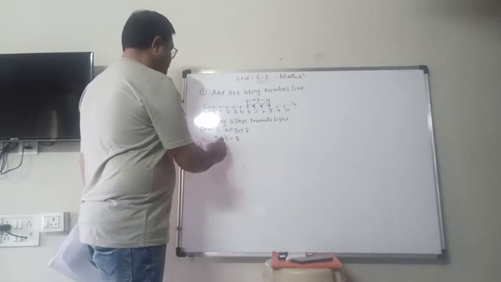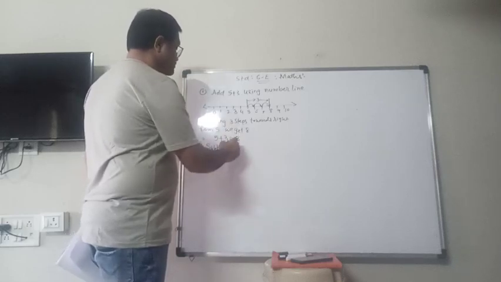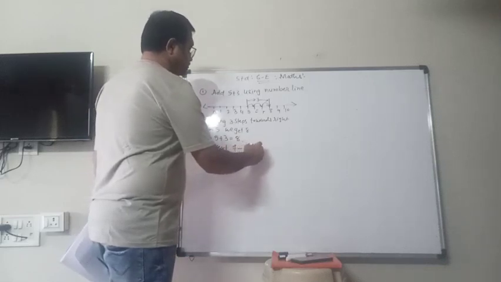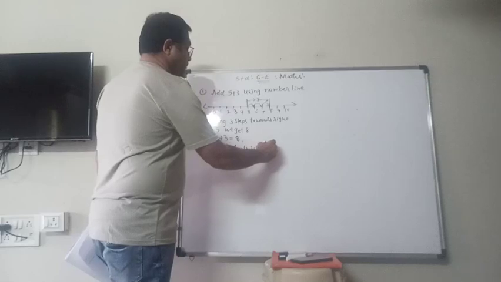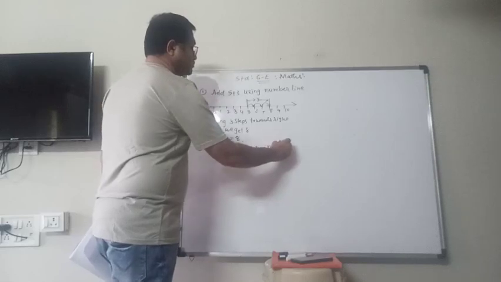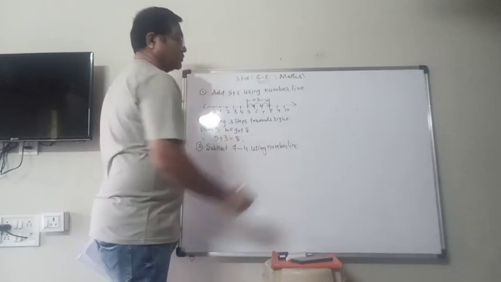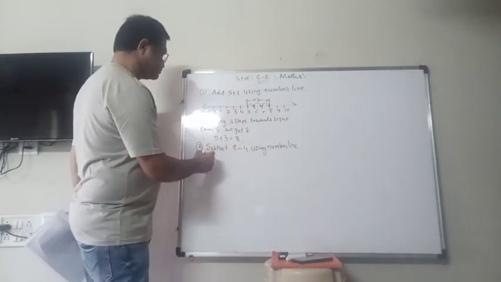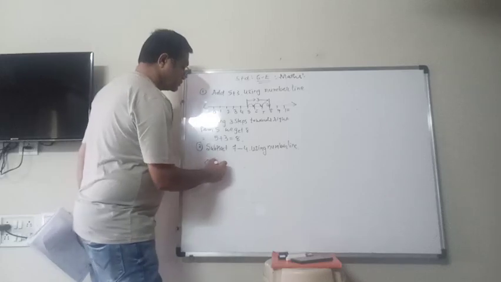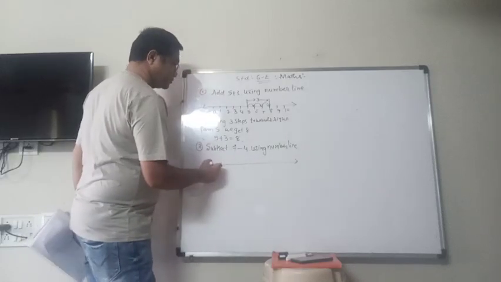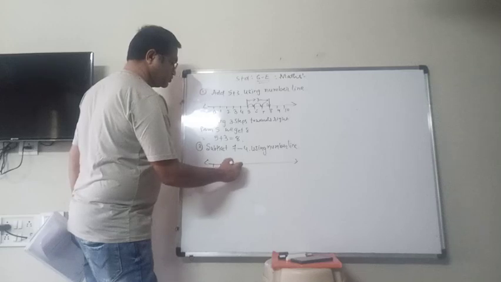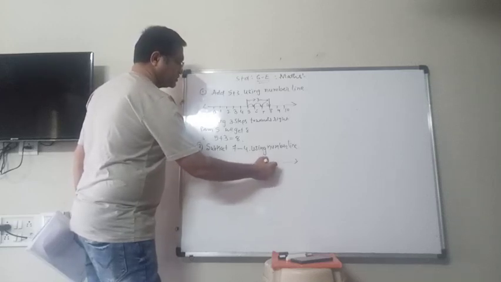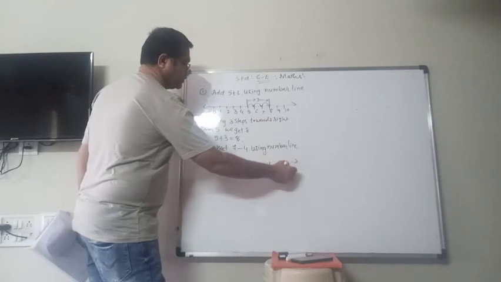Next, subtract 7 minus 4 using number line. Using number line we have to do the subtraction. So here 0, 1, 2, 3, 4, 5, 6, 7, 8.